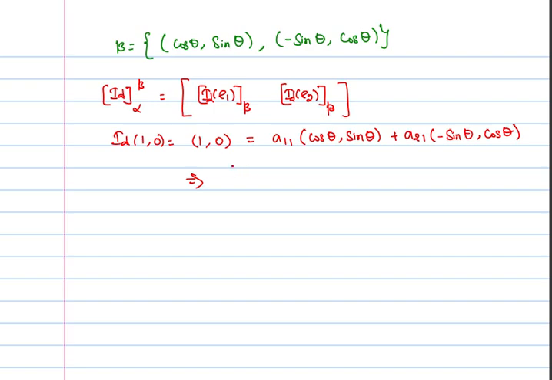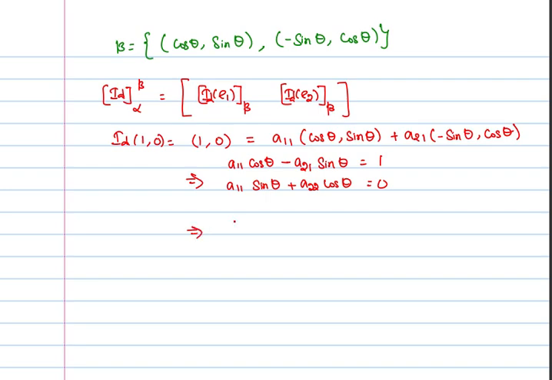You will get A11 cos theta plus A21 times minus sin theta, so I will write the minus here, equal to 1. A11 sin theta plus A21 cos theta equal to 0.